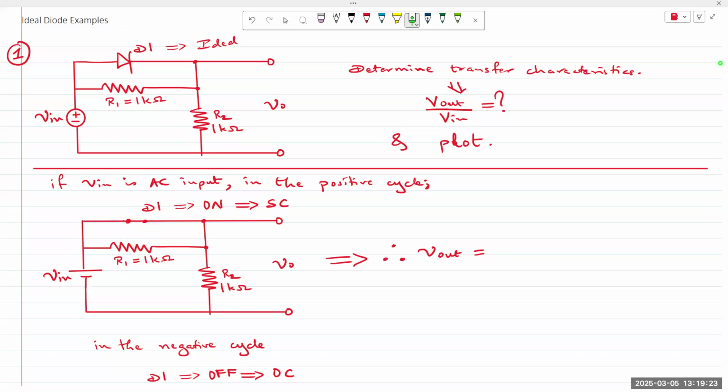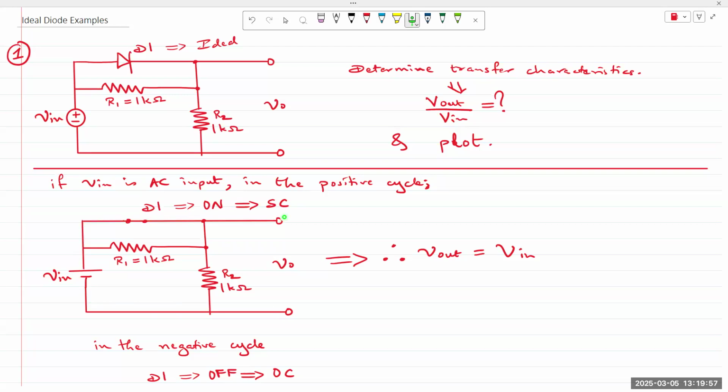So V out is equal to V in. If V in is 1 volt, V out is 1 volt. If V in is 2 volts, V out is 2 volts. If V in is 10 volts, V out is 10 volts. V out is right here, directly across V in. This is because the diode behaves as a short circuit for any positive values of V in. It's forward biased.